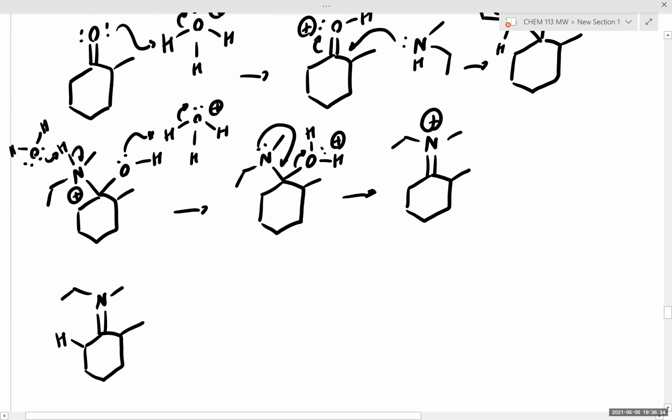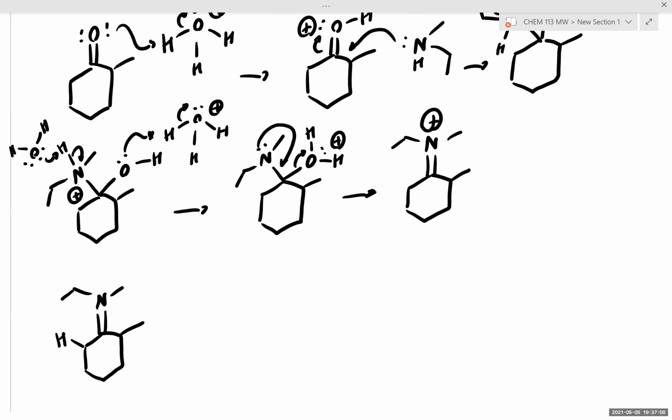Although in many cases the most substituted alkene is generally stable for normal alkenes, in the case of enamines, substitution and steric strain destabilizes your enamine and affects the amount of resonance stabilization you can get.